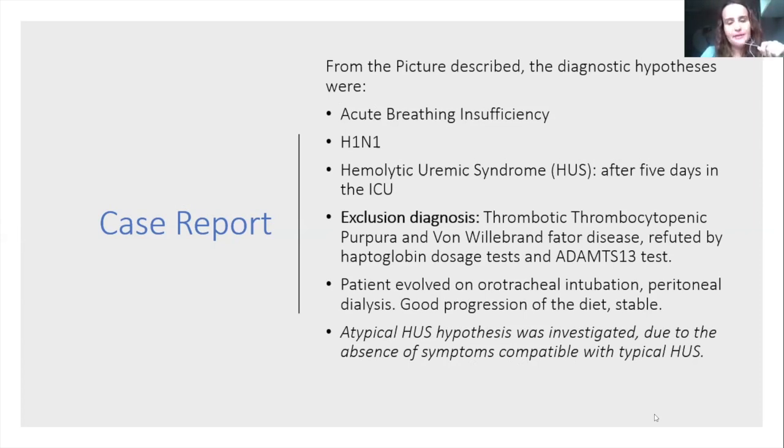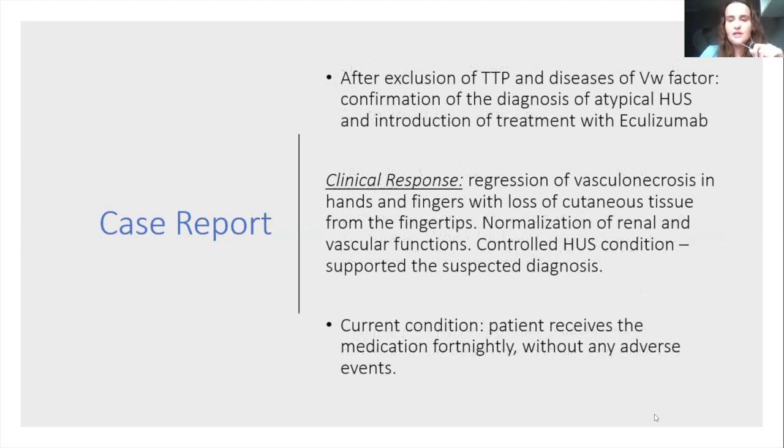The atypical hemolytic-uremic syndrome hypothesis was investigated due to the absence of symptoms compatible with typical syndrome. So after the exclusions of those diagnoses, there was the confirmation of the diagnosis of atypical hemolytic-uremic syndrome and the introduction of the treatment with Eculizumab.